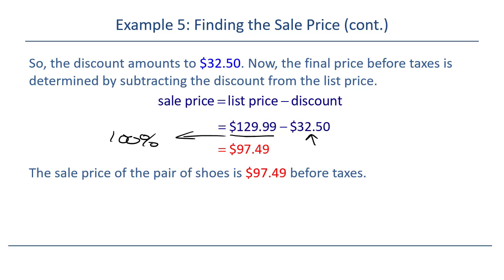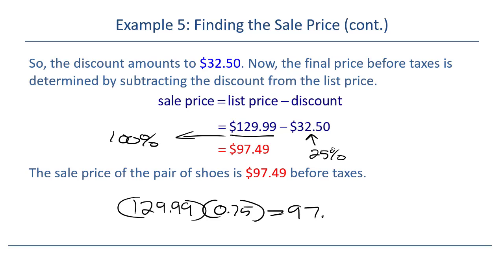And this is 25% of its price. Well, if we subtract 25 from 100, aren't we left with 75% of its price? So instead, you could have taken $129.99 and simply multiplied it by 75%, 0.75, and you would get the exact same $97.49.